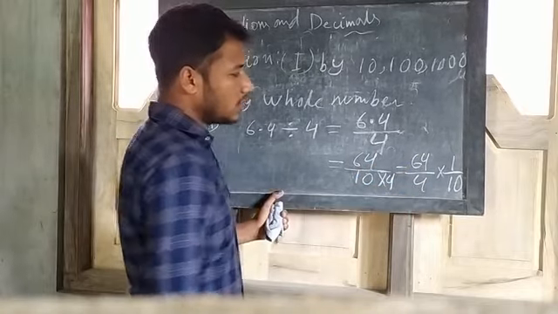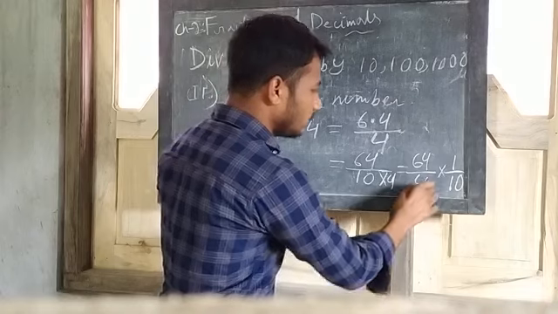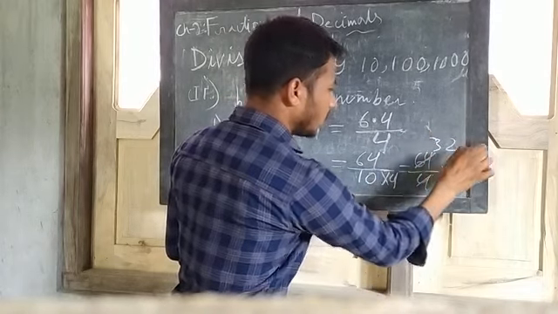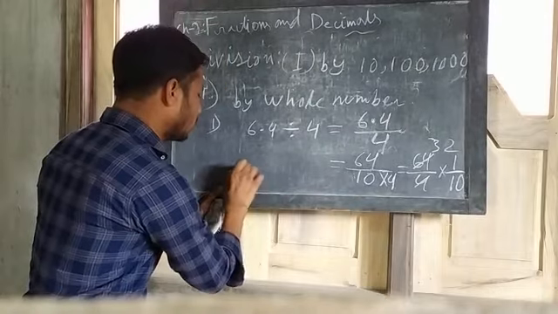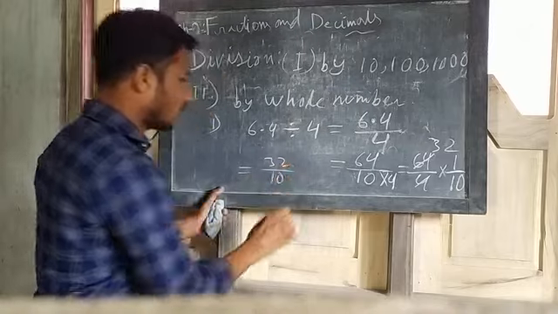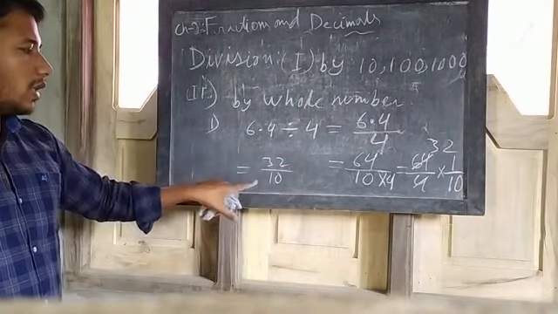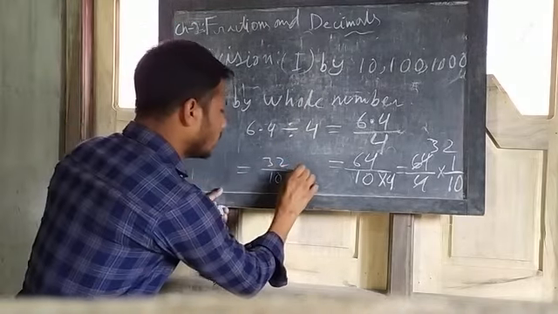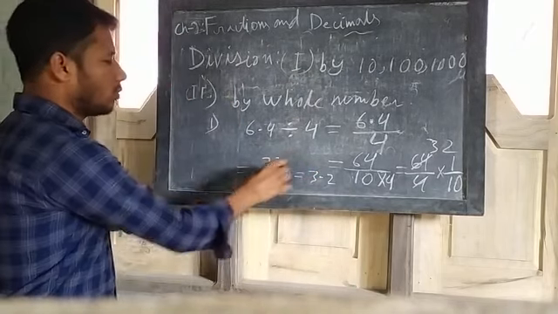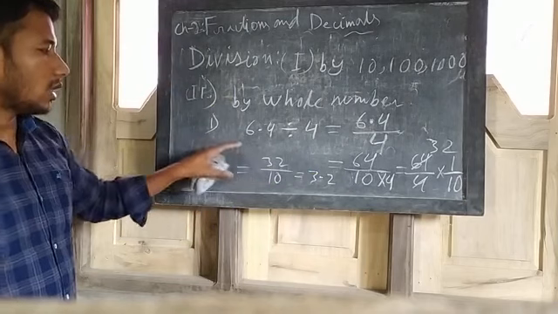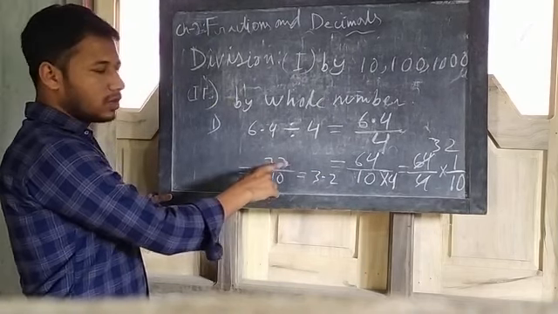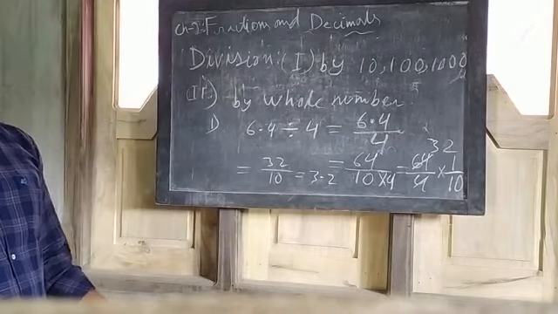If we divide this, there will be 32. That means this comes 32 by 10. Now divide by 10. 32 divided by 10 will be 3.2, since the decimal point will come to the left side, there is 10 over 1. Decimal will be 3.2. Okay.